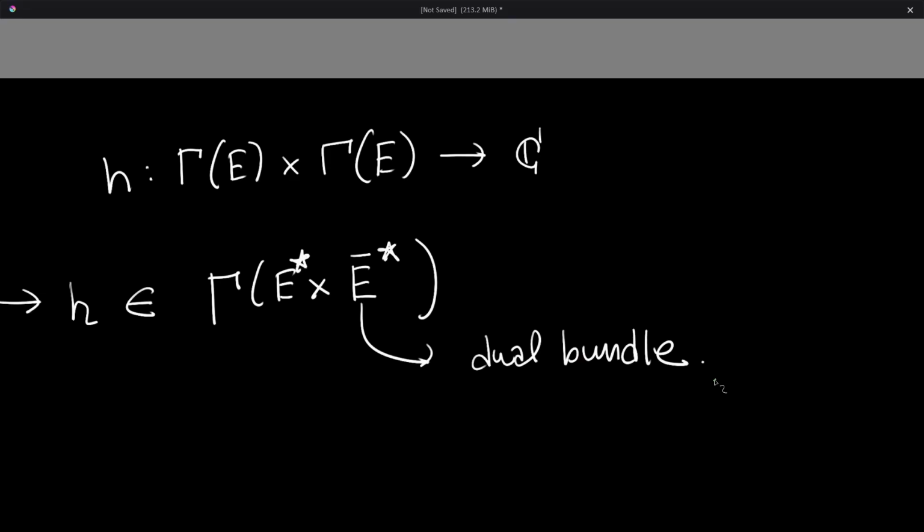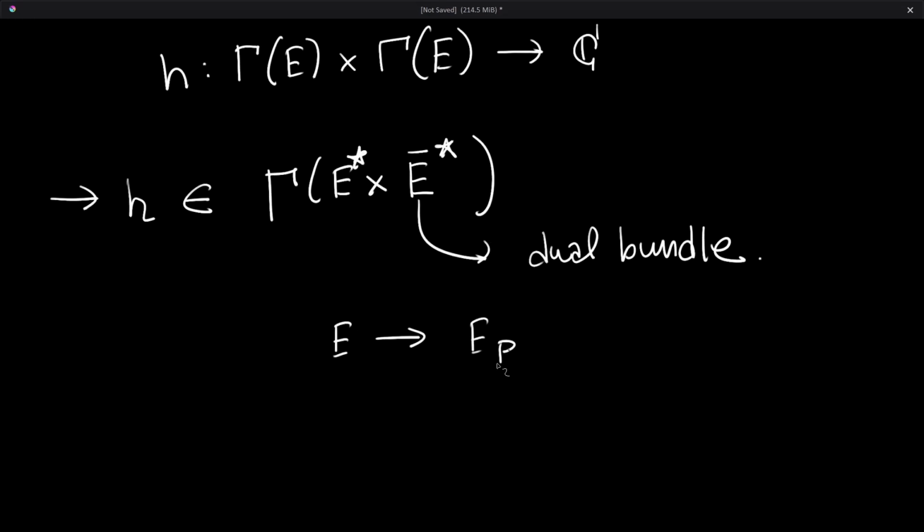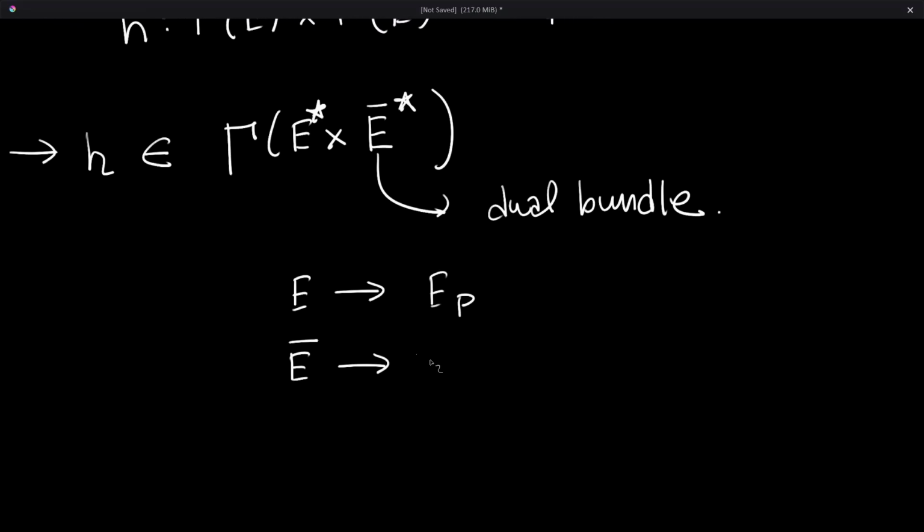As a small refresher on the dual bundle, it is the bundle where the fibers are the dual spaces of the regular bundle. So if E has fibers EP, then E bar has fibers EP star, right?